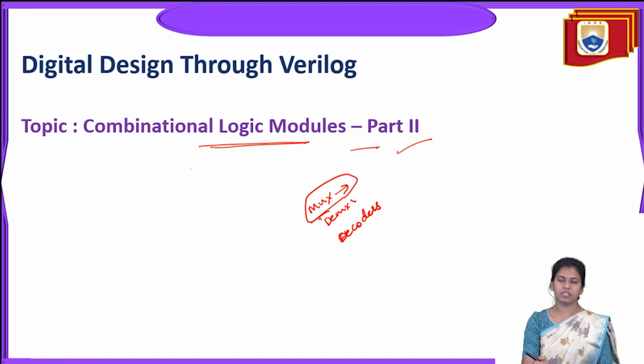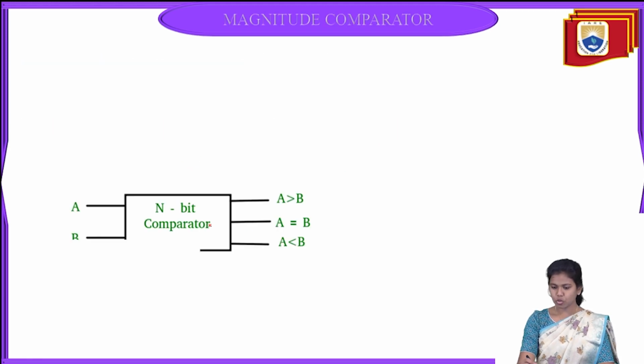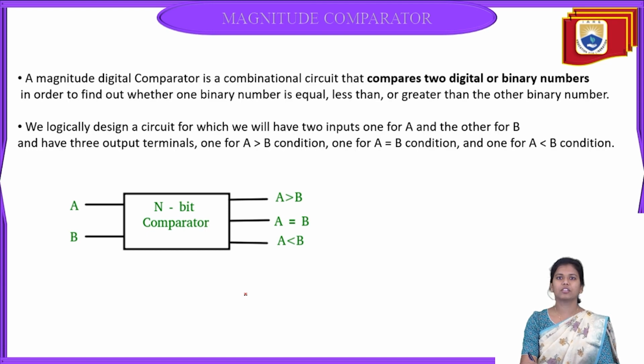Here in this presentation, we are moving forward with some more examples based on combinational logic modules. Today's presentation will discuss encoders, different types of encoders, and the magnitude comparator.